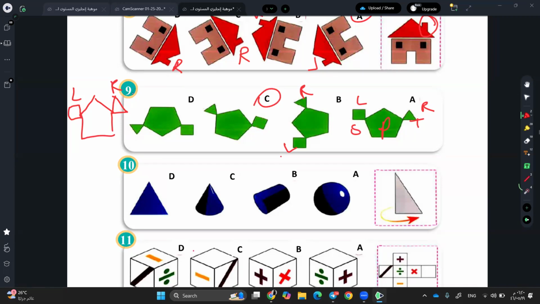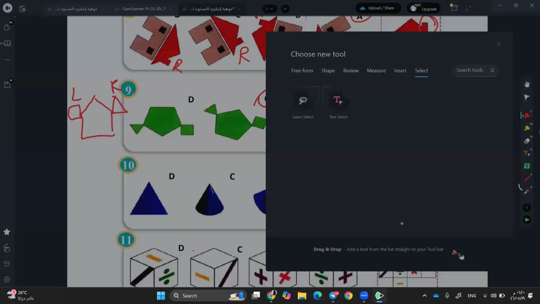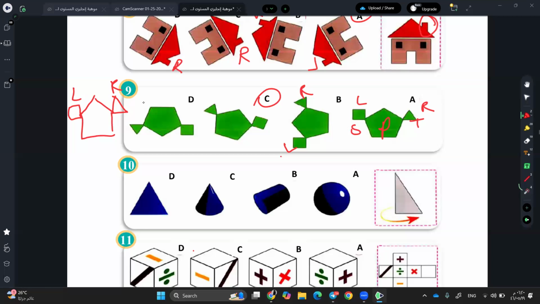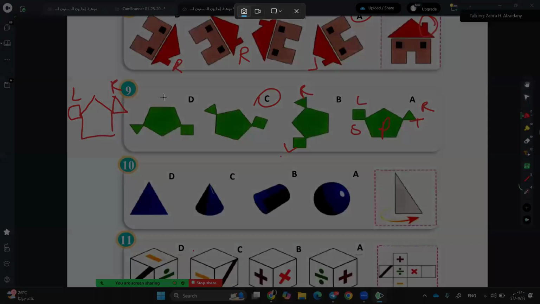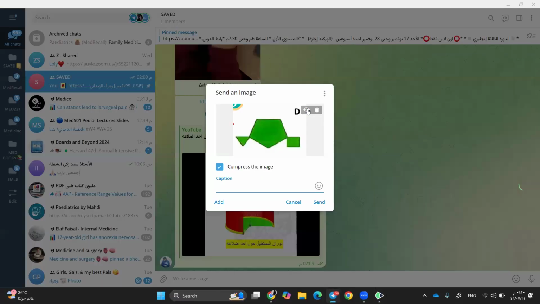I think I don't have it. Let me see here. Okay, I can't. Basically, I just want to take a screenshot here and show you that it's going to be a flip. So let me try. Okay, for that, let me show you.